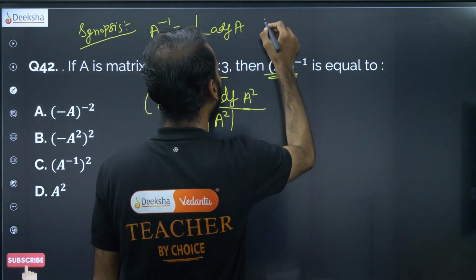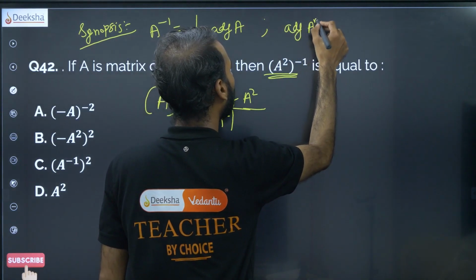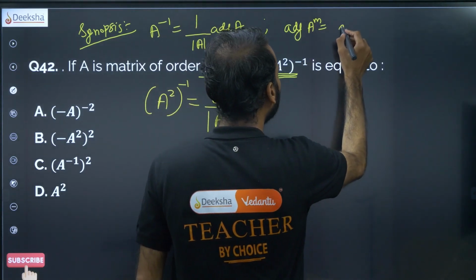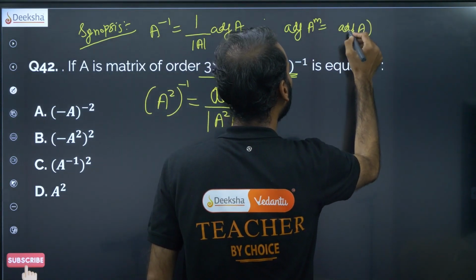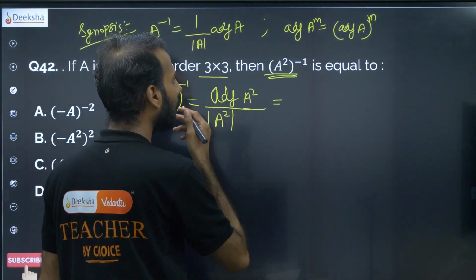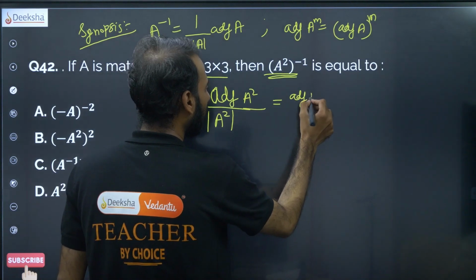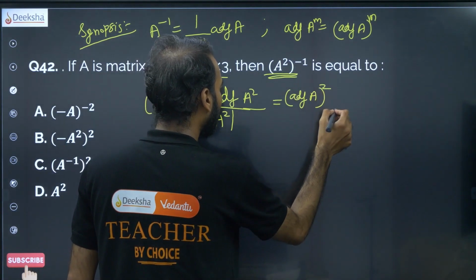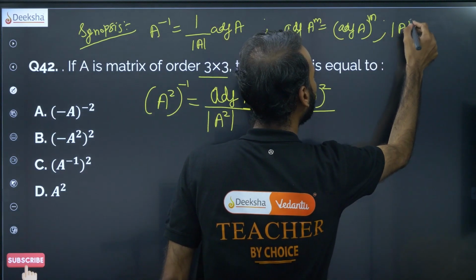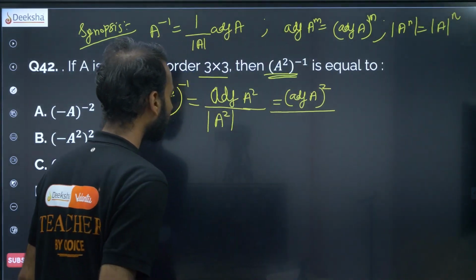Now try to recall the properties of adjoint. Adjoint of A power m is adjoint of A whole power m. So adjoint of A square is adjoint of A whole square, divided by determinant of A square. One more synopsis point: determinant of A power n is determinant of A whole power n.